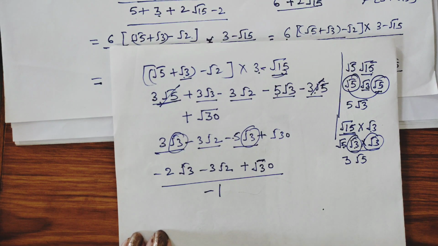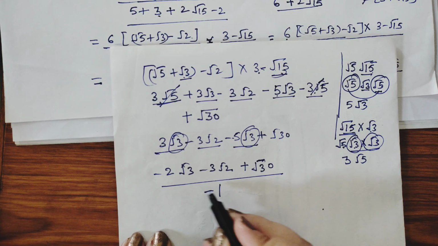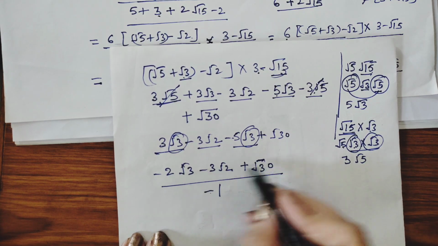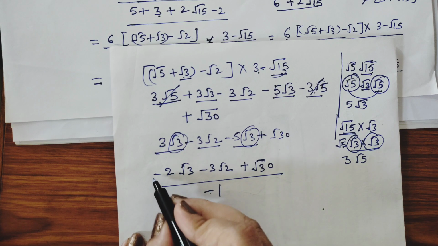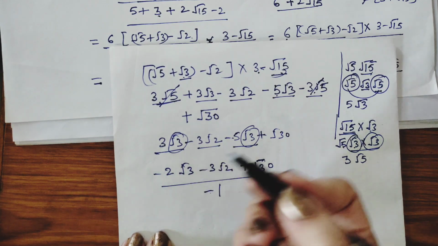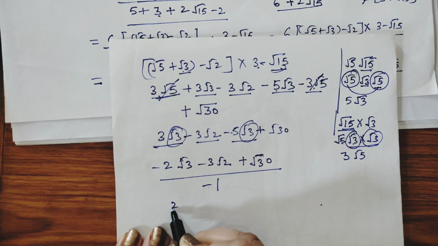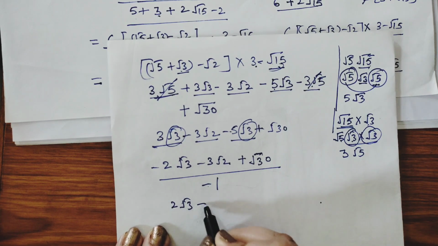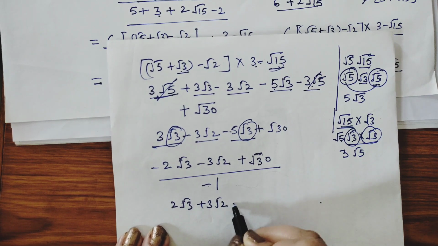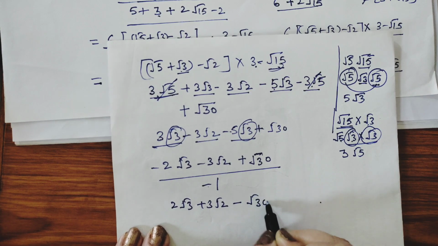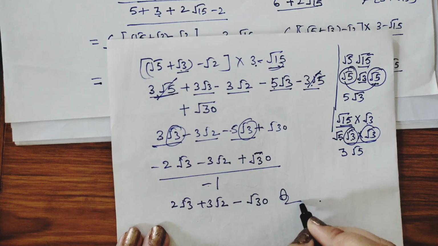After that this minus 1 sign goes up into the numerator portion, so this minus sign will change the numerator signs. So it is plus 2 root 3, minus 3 root 2, minus root 30. So this is our answer.